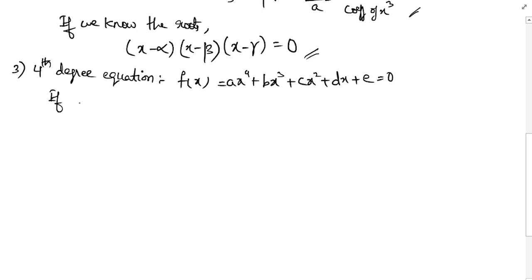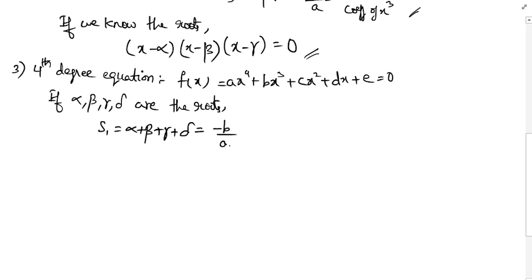So here, suppose alpha, beta, gamma and delta are the roots, then S1 will be equal to alpha plus beta plus gamma plus delta, that is equal to minus b by a here again, and S2 will be equal to alpha beta plus beta gamma plus gamma alpha plus gamma delta plus alpha gamma plus alpha delta plus beta delta.